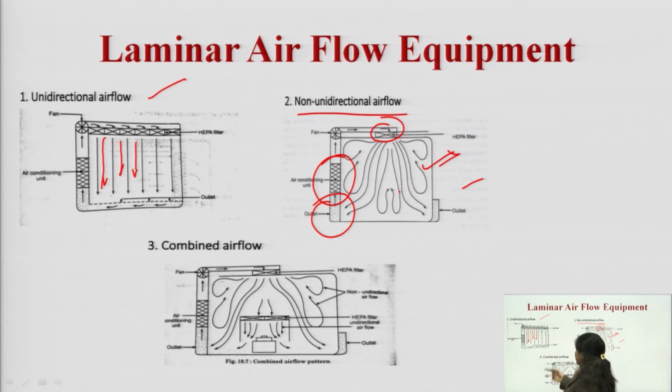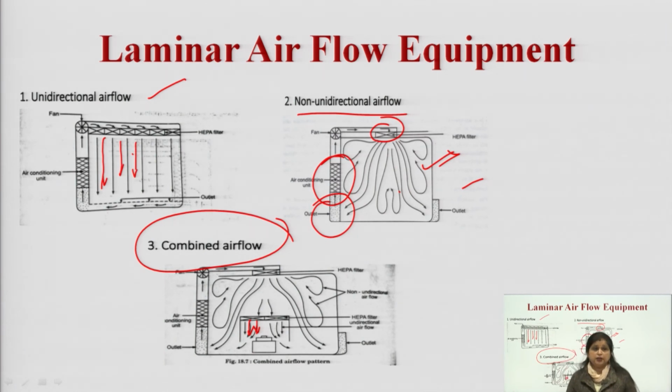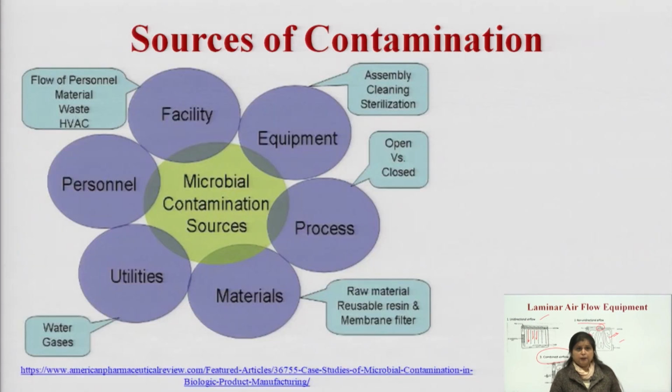We can also have a combined airflow system, in which there is non-unidirectional flow as well as unidirectional flow within the cabinet. So we can categorize our system as unidirectional, non-unidirectional or combined airflow systems. So, this is laminar airflow.